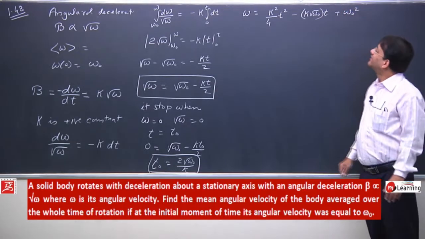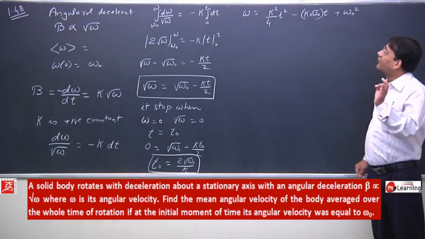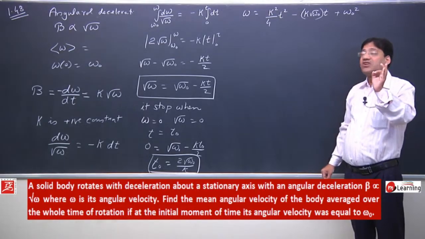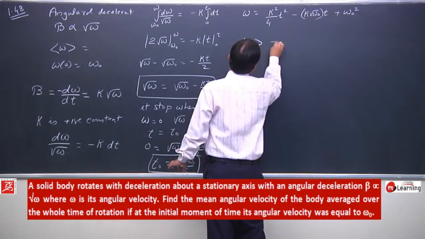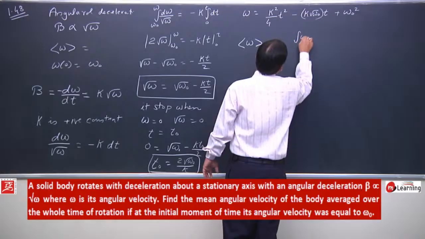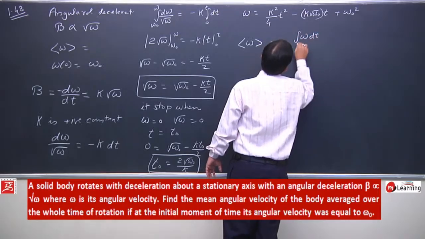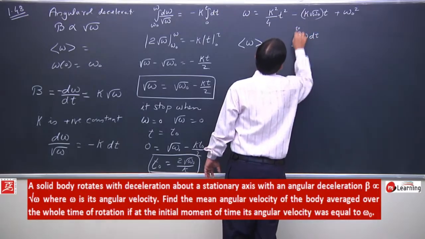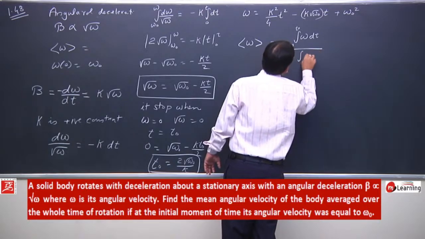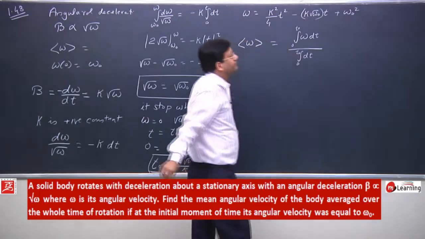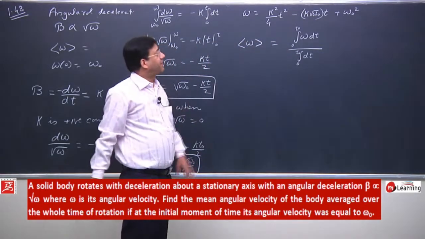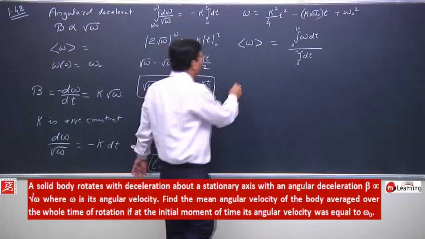I will square this side thing. This is the expression for omega as a function of time. Now, mean of angular velocity is integral of omega dt over 0 to t naught time upon integral of dt over 0 to t naught time. This is the expression for mean angular velocity.